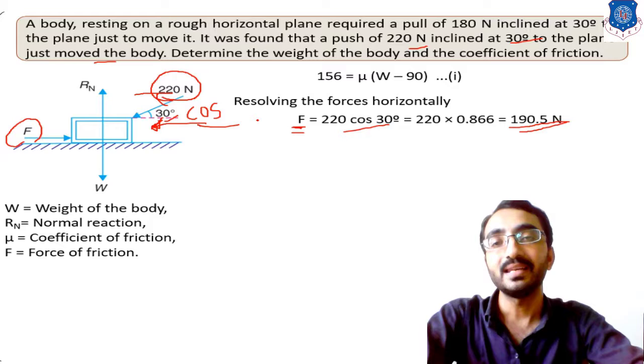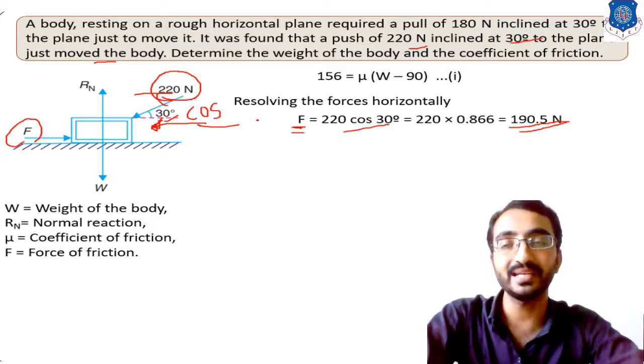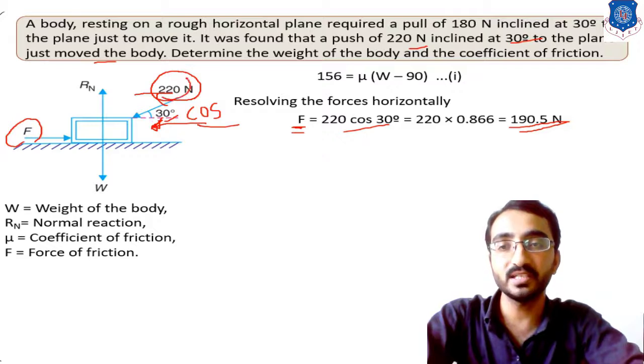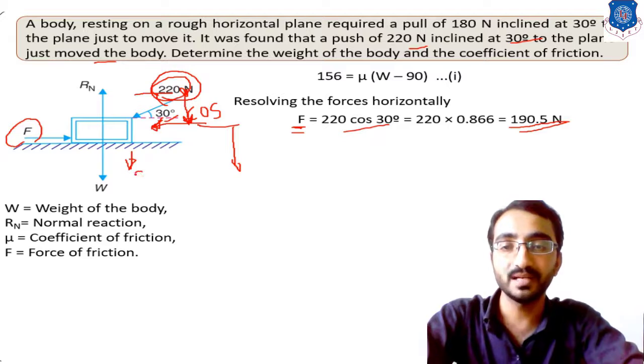Okay, now let's resolve this component in the vertical direction. Over here the vertical component of this 220 Newton force will be in the downward direction. Okay, over here you can refer to this case. So in the downward direction we will get the sine component of this external force, that is 220 Newton.